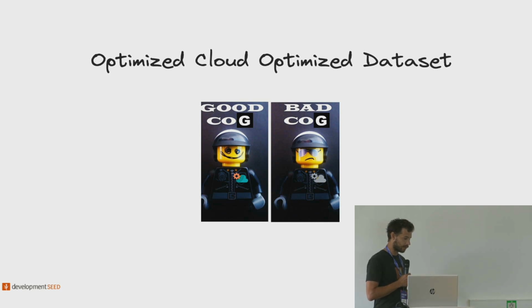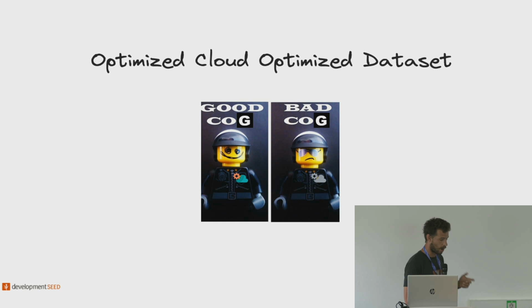And for dynamic tiling, something important is how the data is stored, where it's stored, and the data format itself. For dynamic tiling to work well, you have to have a cloud optimized data set. A cloud optimized data set is a data set that can be accessed remotely by any server, but not just accessing the start of your file.